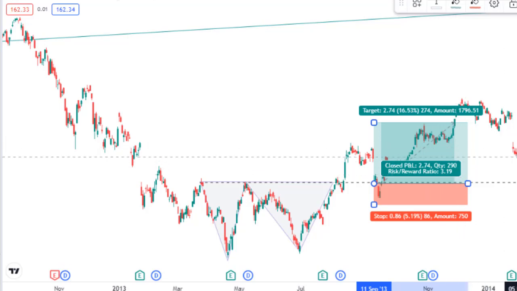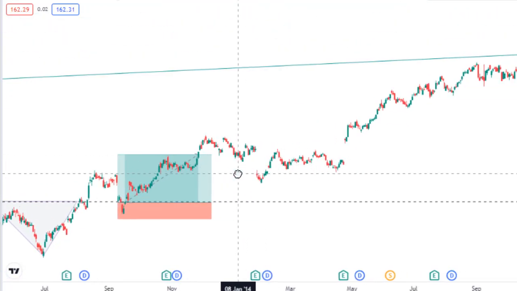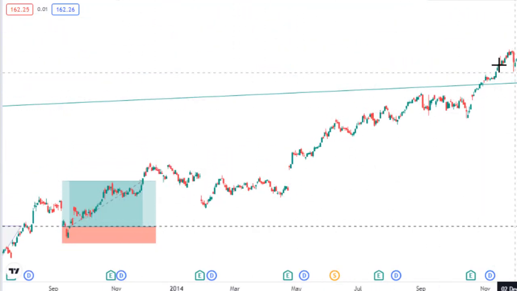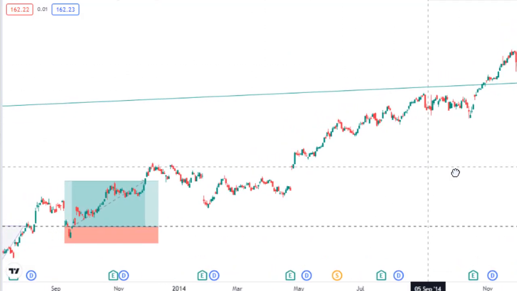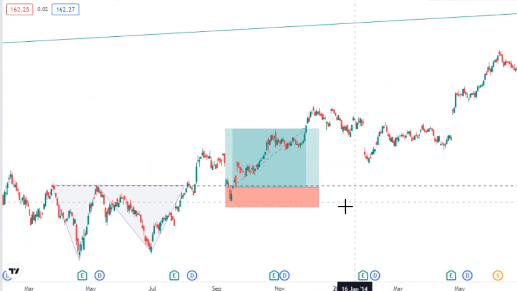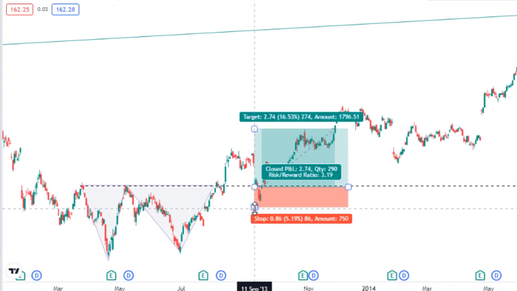It is excellent. As you can see, the price continues the upward movement and you can get a lot bigger reward for that.